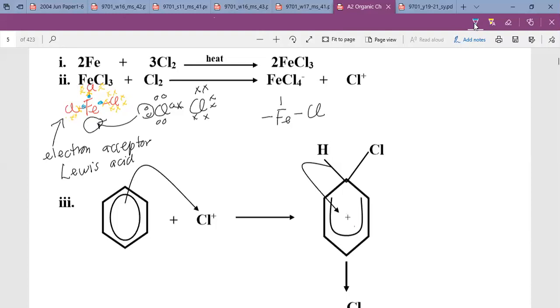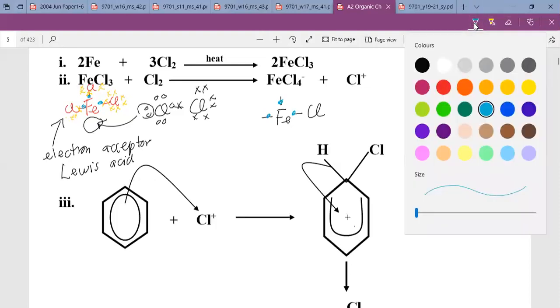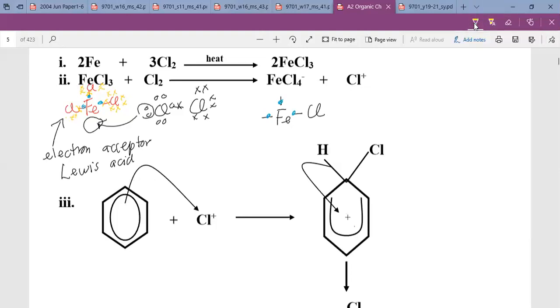Remember the dot here, but the chlorine will be cross here.